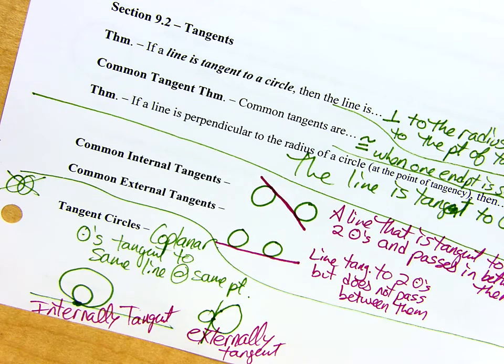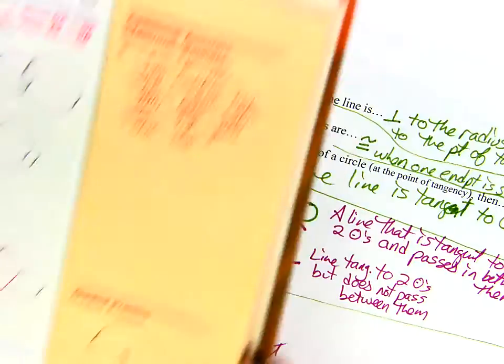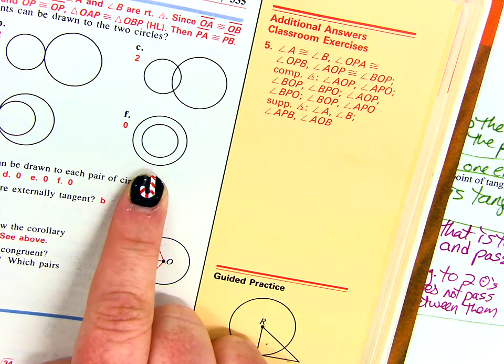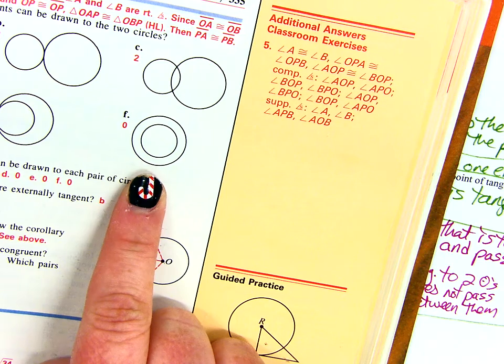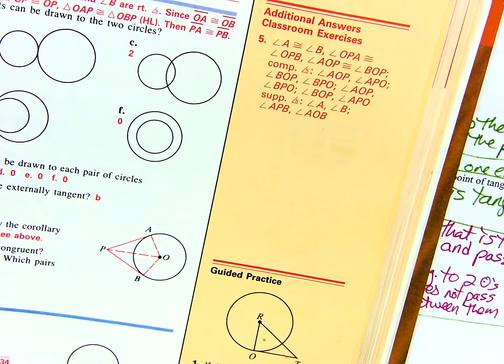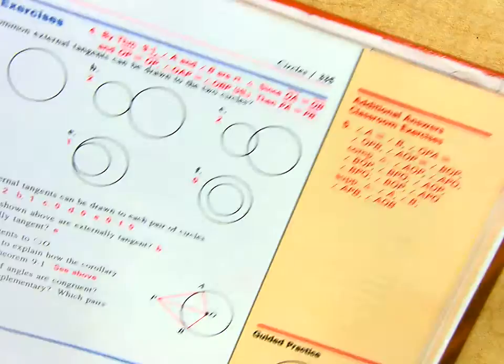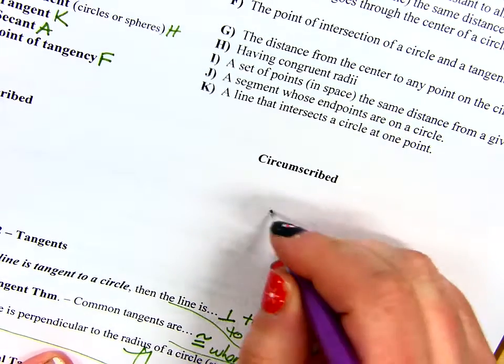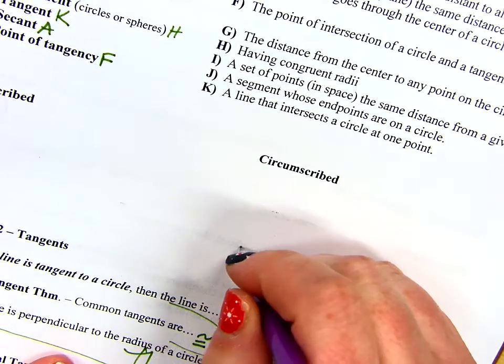Okay, let me ask you a couple of questions. What would you call these circles right here? Actually, I'm so glad that you said that. You raised such a good point that I forgot to mention. It went back to the inscribe, circumscribe stuff.